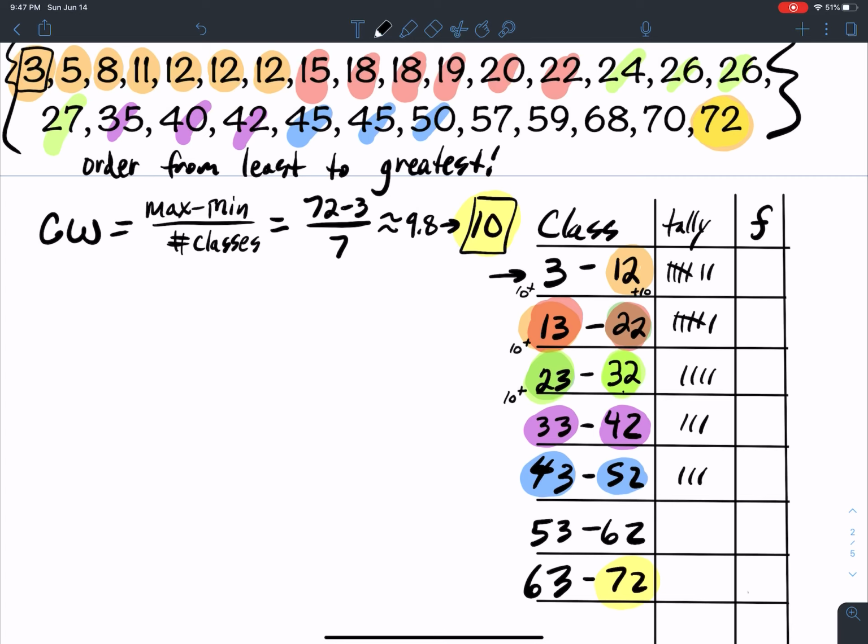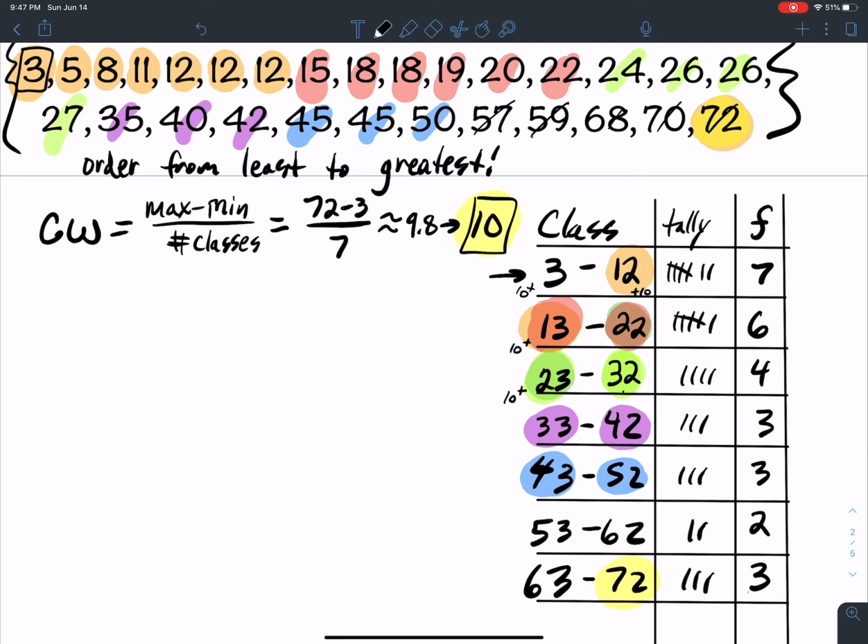And then 53 to 62. That's 1, 2. Looks like just 2. And then 68, 70, 72. That's 3. So what do we have? We have 7, 6, 4, 3, 3, 2, 3.